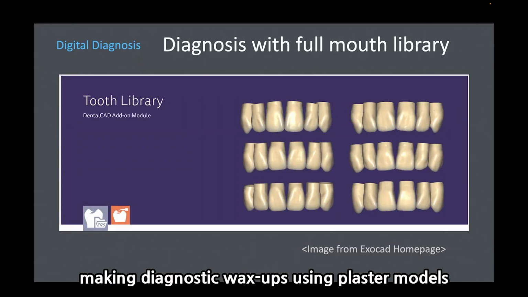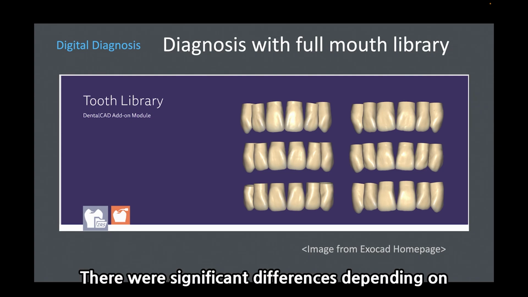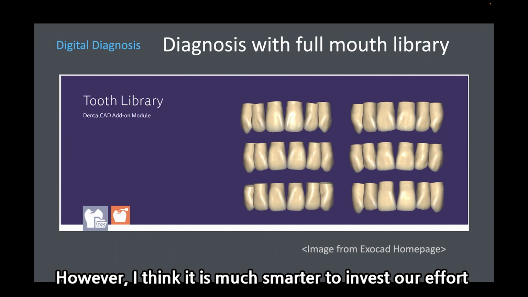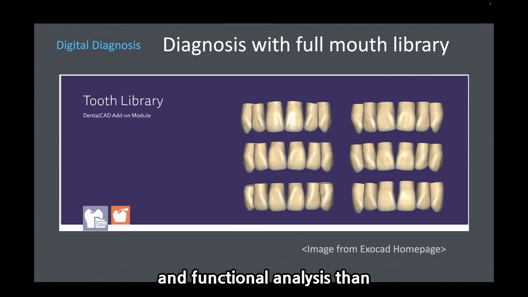In the past, making a diagnostic wax-up using plastic models required a lot of effort. There were significant differences depending on the technician's and dentist's capabilities. However, I think it is much smarter to invest our efforts and time in overall arrangement, occlusal curves, and functional analysis rather than individual tooth morphology.